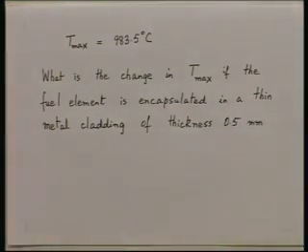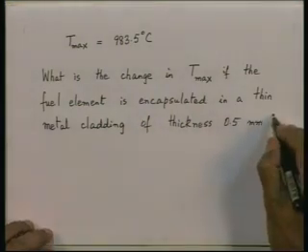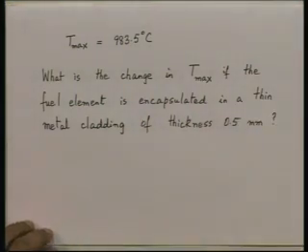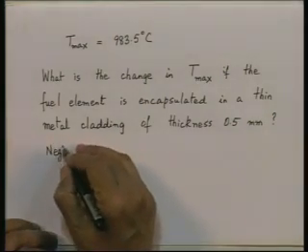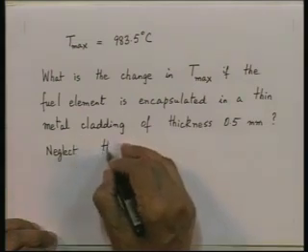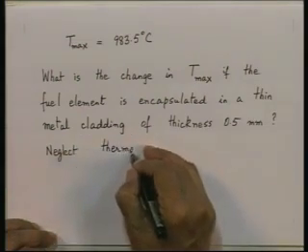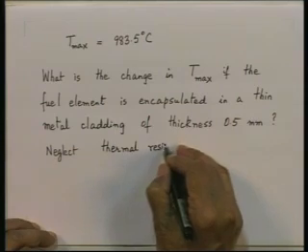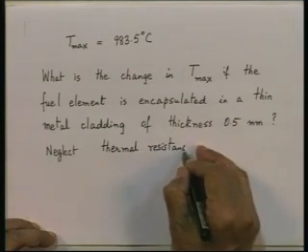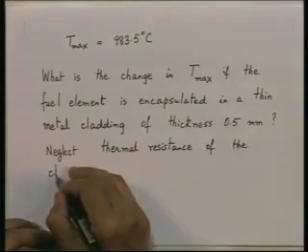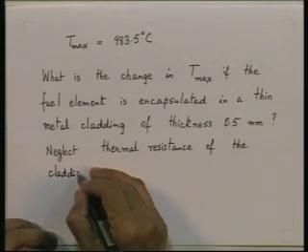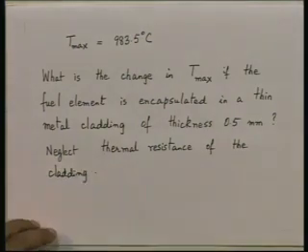The uranium oxide is inside a thin metal cladding of thickness 0.5 mm. What will be the change in T max with this additional information? In order to simplify the calculation, neglect thermal resistance of the cladding.